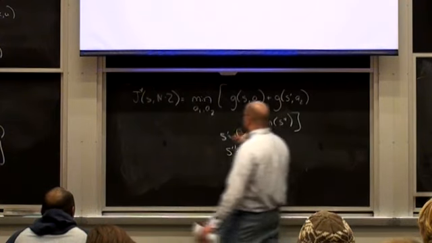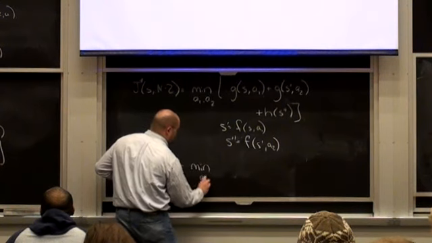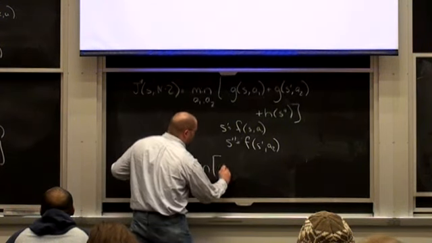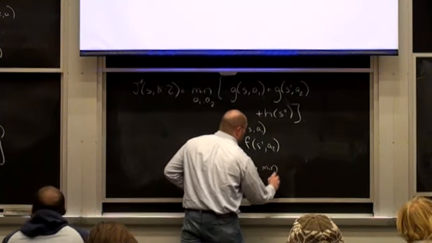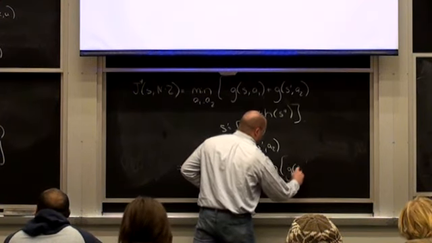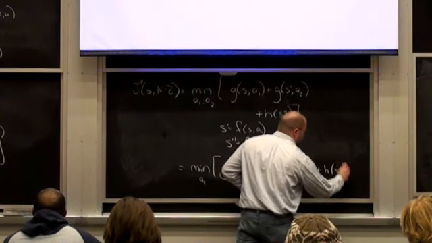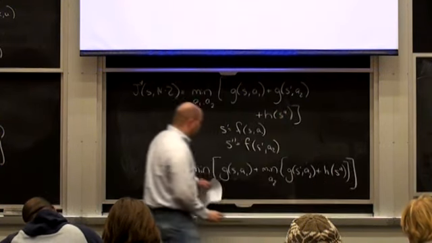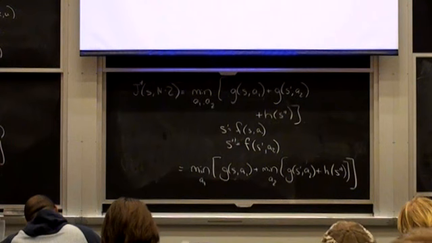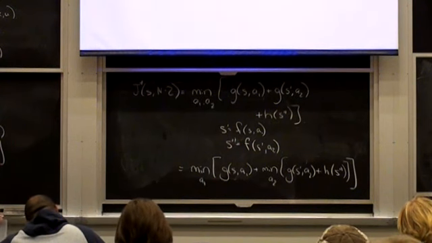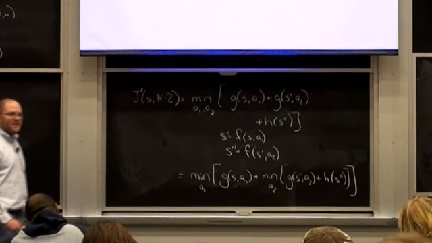So I can rewrite this as min over A1 of G of S, A1, plus min over A2 of G of S prime, A2, plus H of S double prime. I could just move that min inside to the terms that matter. This is intended to be a moment of clarity, and I don't see clarity on your faces.